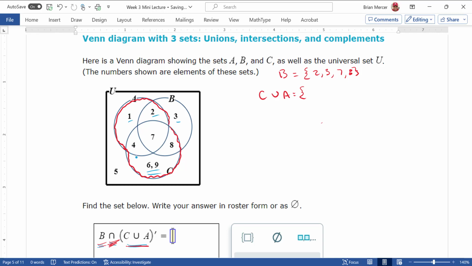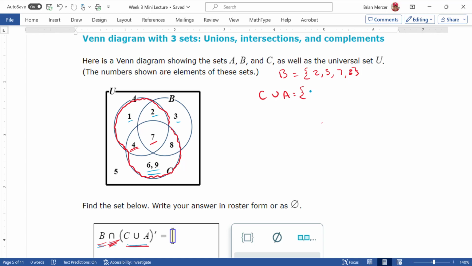Now I intentionally stopped drawing around here because the 4 and 7 are in the intersection of C and A. If this was intersection, we'd only be looking at the overlapping part of C and A. But since we're looking at the union, remember union means everything in A or everything in C or anything that's in both.